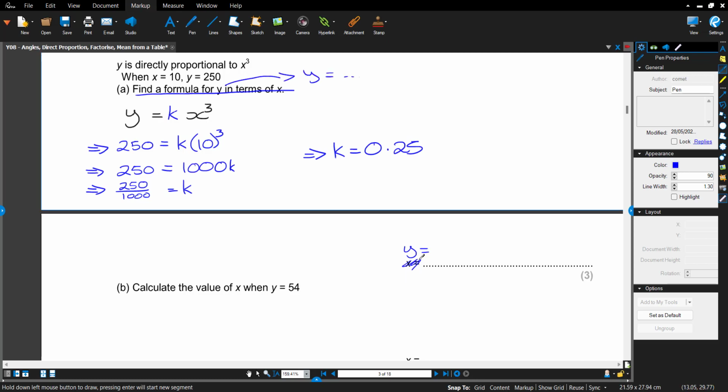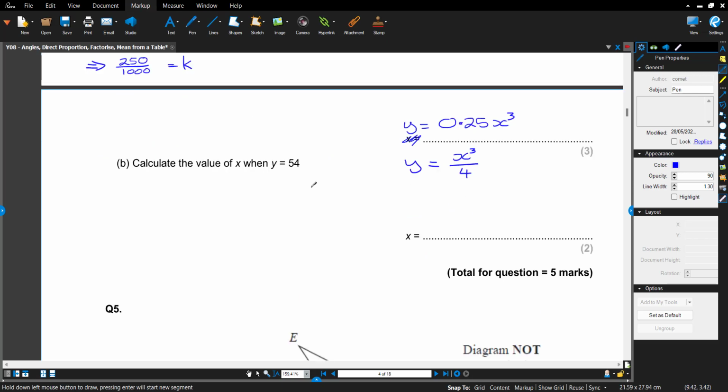So what they actually did here in the iGCSE paper was wrong. So it's going to be y equals kx cubed. So it's 0.25 x cubed. And again, if you like fractions, which I do, you could say y equals a quarter x cubed, or y equals x cubed over 4. Exactly the same thing.